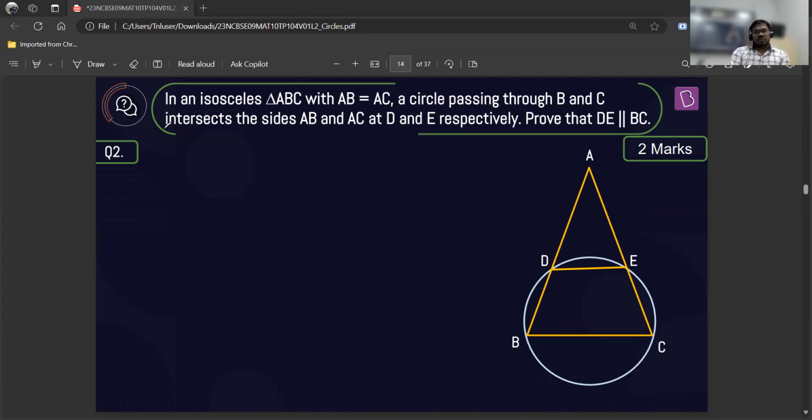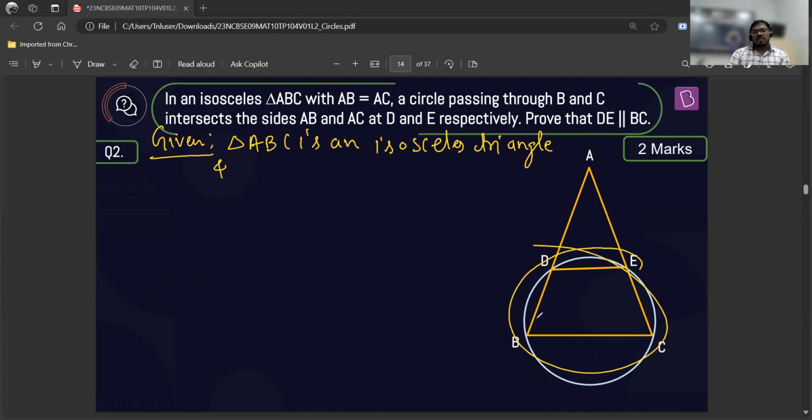Let's solve this one. Firstly, what we have given here: triangle ABC, an isosceles triangle, right? And just observe this quadrilateral BCED. This BCED is a cyclic quadrilateral, am I right?